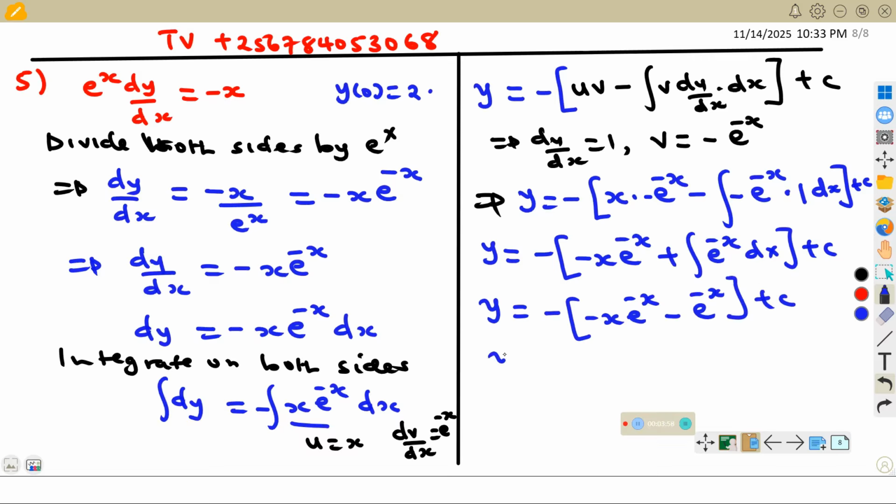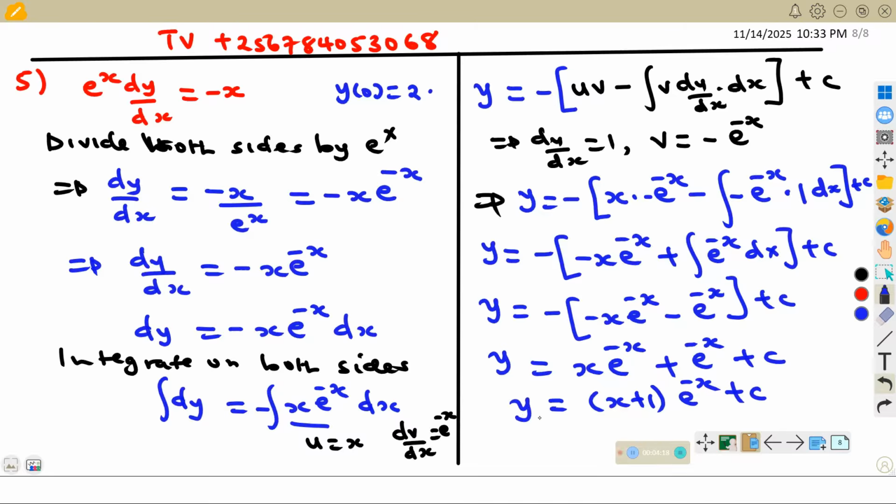So y is the same as x e to the power negative x plus e to the power negative x, plus c. This can be written as (x plus 1) e to the power negative x, plus c, and this is y.